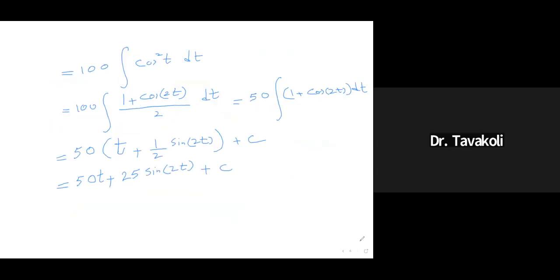Let me briefly explain this here. So the substitution that we used, x was 10 sine t. So if I divide both sides by 10, sine t is x over 10. In other words, t is sine inverse of x over 10.